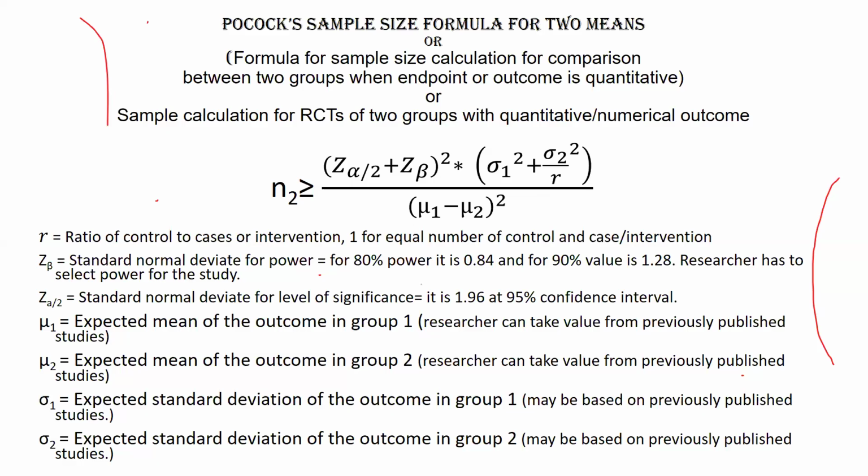Suppose one study is published in South India, but you are in North India. The characteristics of the population are different from South India. So you have to do a study in North India. You can take reference from North India, South India, mean and SD or proportion. Then you have to calculate sample size for North India. So we have to do this.